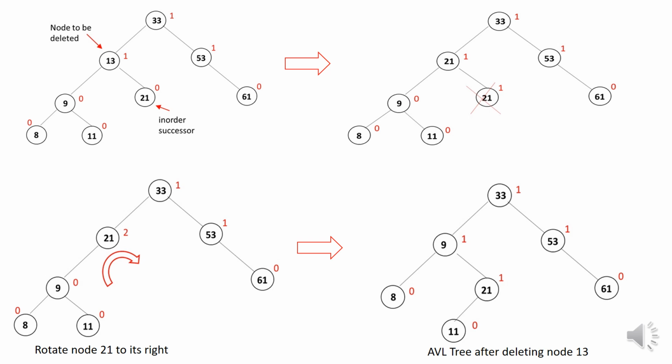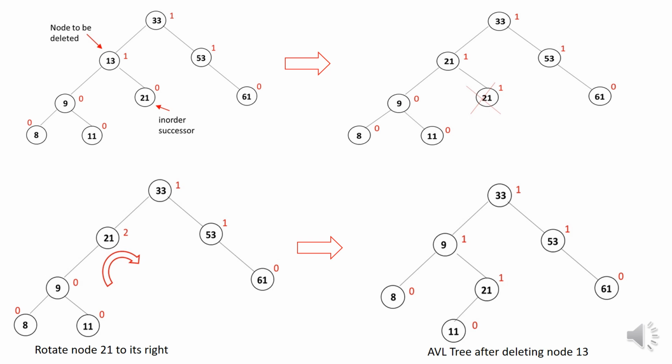After deletion of a node, the balance factors will change. Again, readjust the balance factors. If you observe figure C, node 21 has balance factor 2, which is imbalanced. Now, if you rotate it to its right, we get the binary search tree shown in figure D. Readjust balance factors.